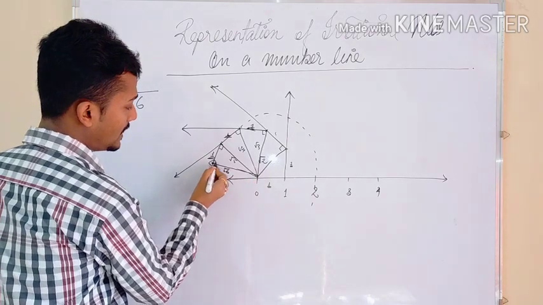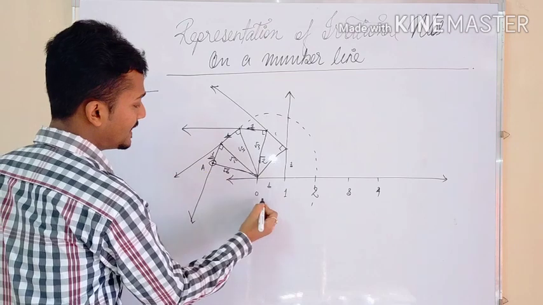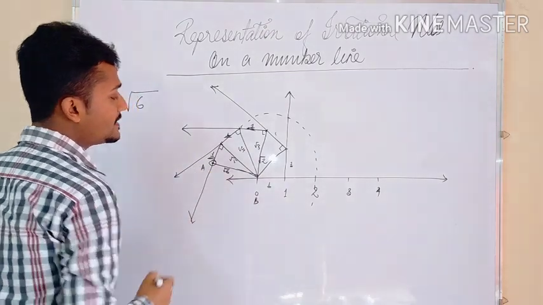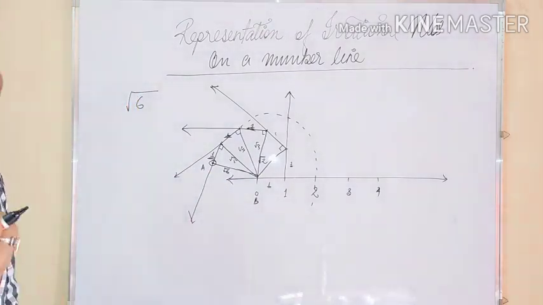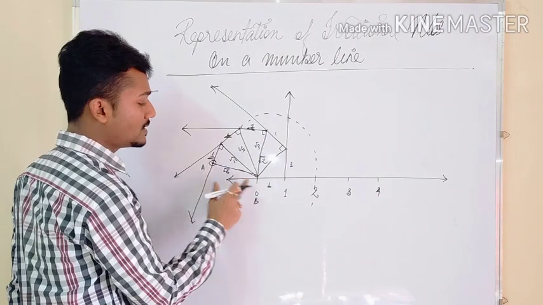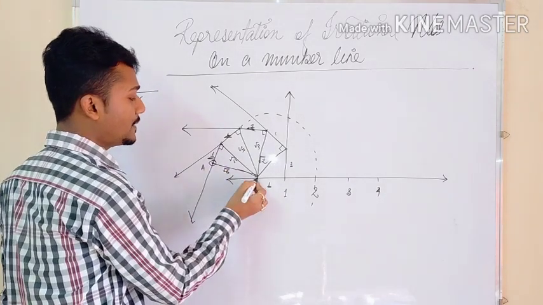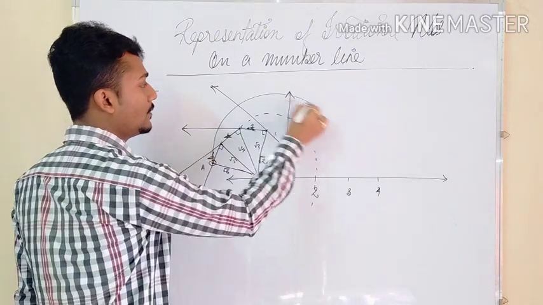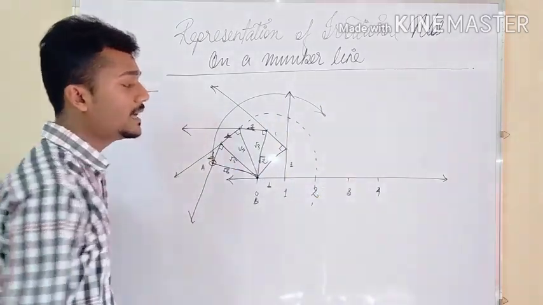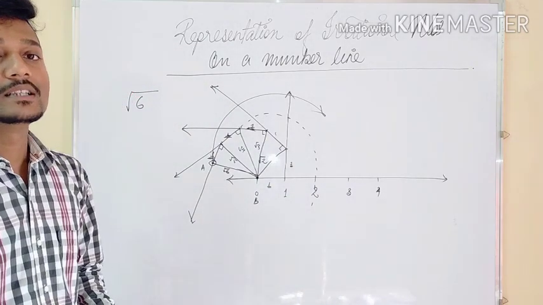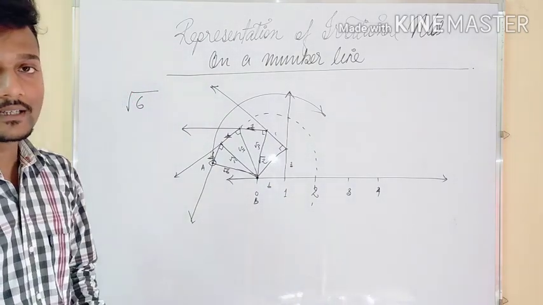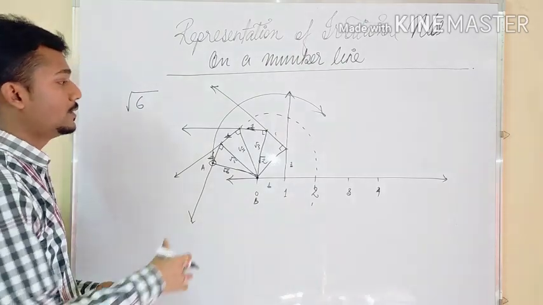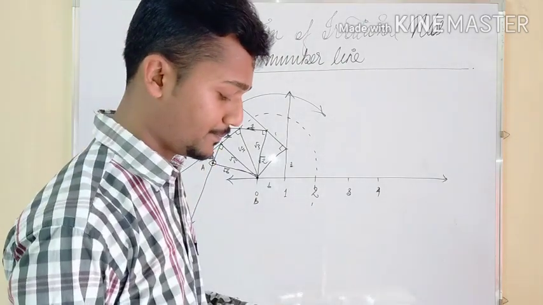So if you want to name it, say for example A and B, then AB is the measurement which is equal to root 6. So if I place the compass here and pencil here and draw an arc, wherever it meets the number line will be equal to root 6. Is that clear? Okay, so we'll go with the next part.